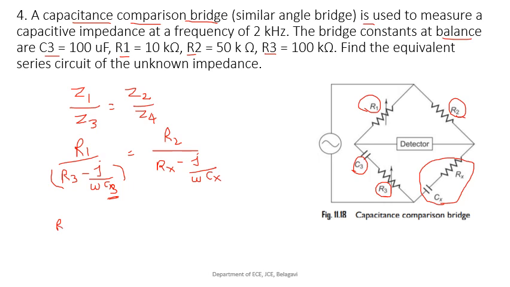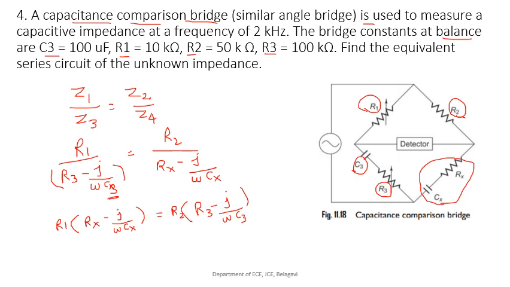This will be R1 into Rx minus j divided by omega Cx, and this will be R2 into R3 minus j divided by omega C3. So we have cross multiplied.